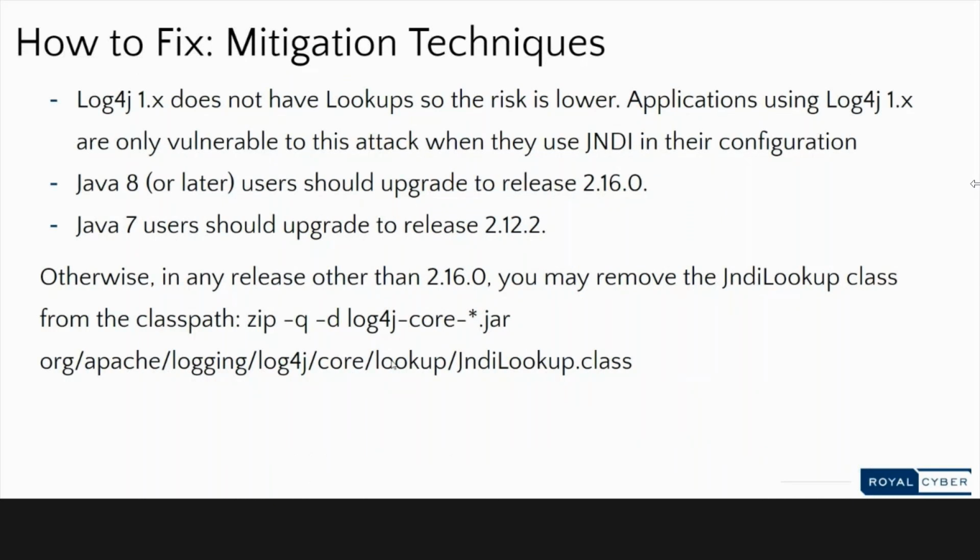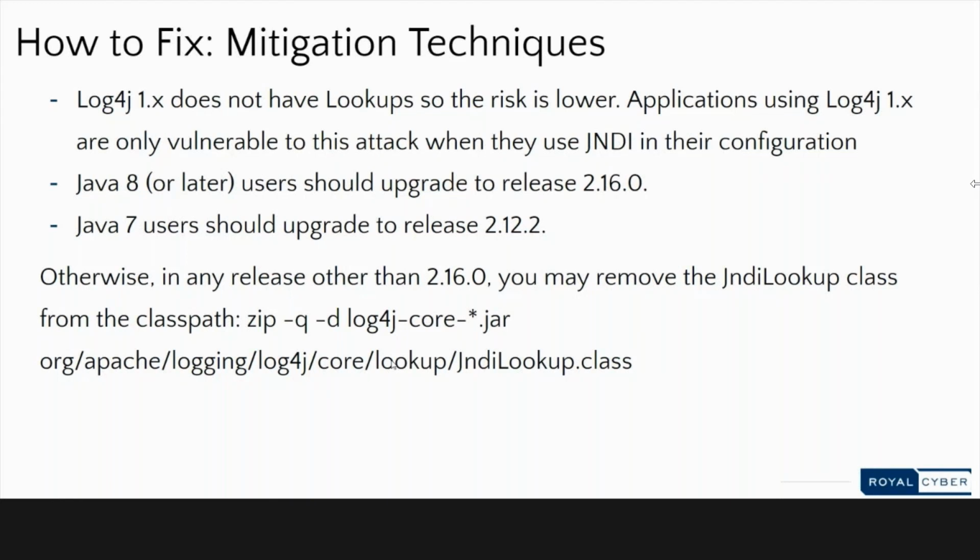Again, when we talk about fixes and mitigations, the very first thing is, obviously, if you are running a log4j version 1.0 to, let's say, 1.9, then the risk is very low, especially if you're not using JNDI lookup in your configurations. So then you're fine.